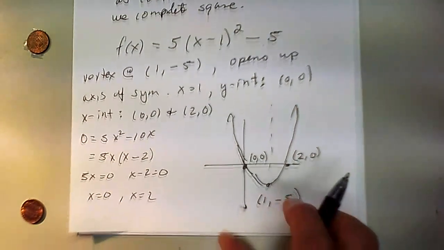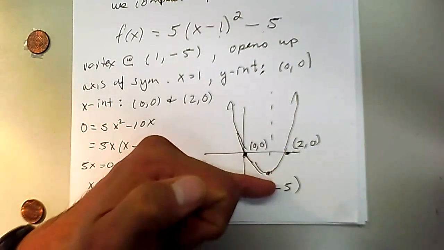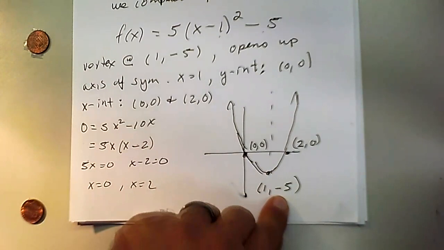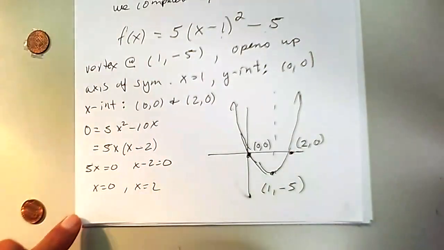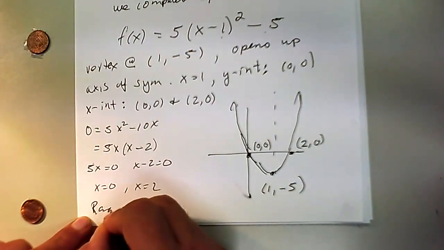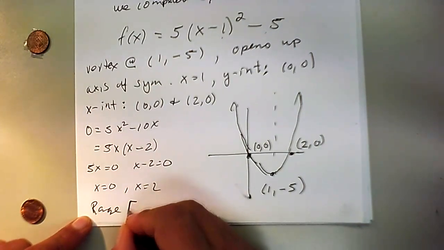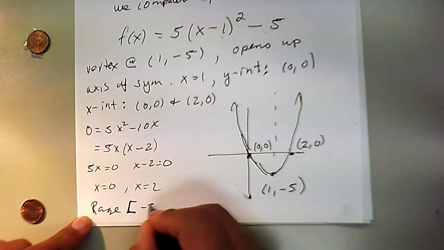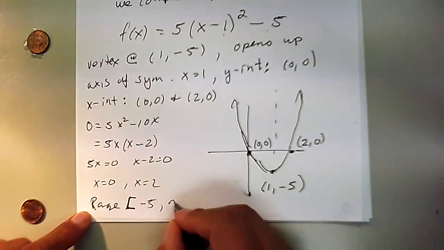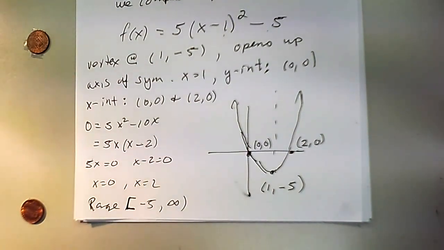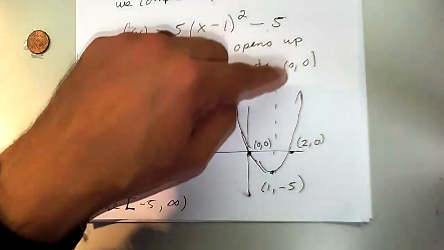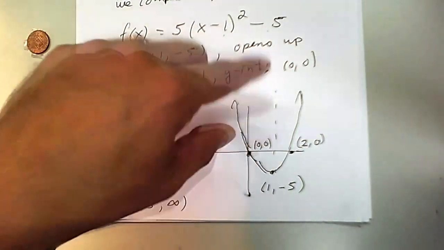The range goes from the bottom, which is -5, and it doesn't end. So the range goes from -5, a square bracket, to infinity. And there's no maximum because parabolas that open up don't have maximums.